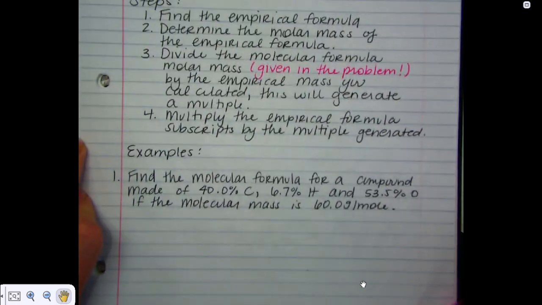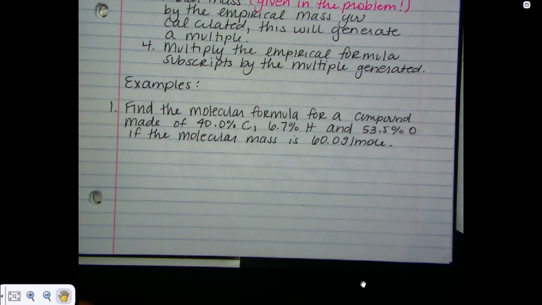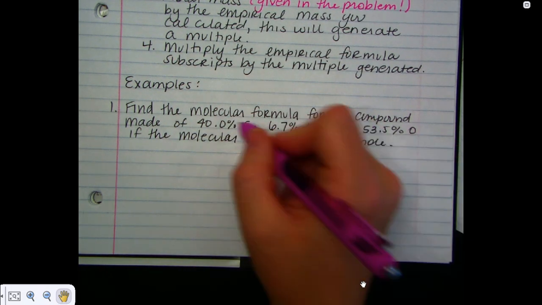All right, so find the molecular formula for a compound that's 40% carbon, 6.7% hydrogen, and 53.5% oxygen if the molecular mass is 60.0 grams per mole. So the first thing we need to do, step one, find the empirical formula. Percent is grams.